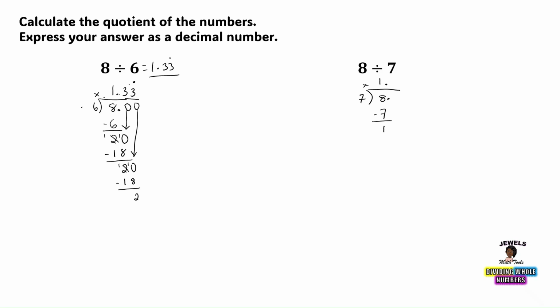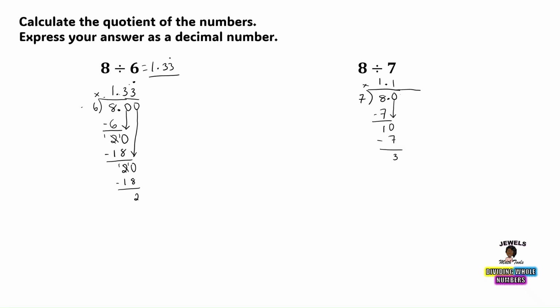Add in our 0. Bring down the 0, changing our 1 into 10. 7 will divide into 10 one time. 1 times 7 gives us the product of 7. We have 10 minus 7 gives us a difference of 3.